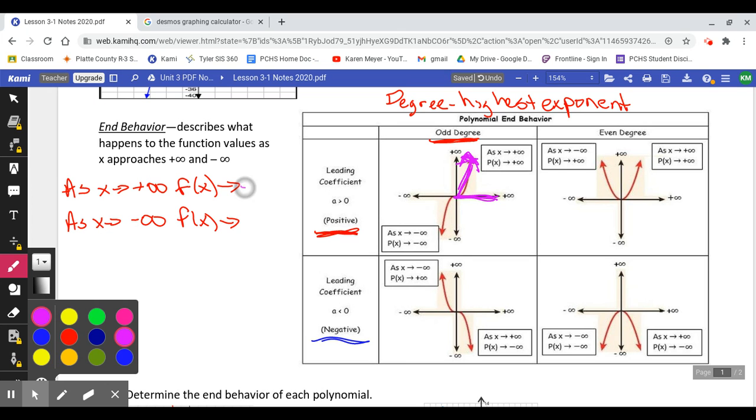So that means it is going on forever and ever toward positive infinity because it's going up. Now, as x is approaching negative infinity, on the left side, if you look at your portion of the graph, you notice that this time your graph is going down. And since your graph is going down, that means it approaches negative infinity.